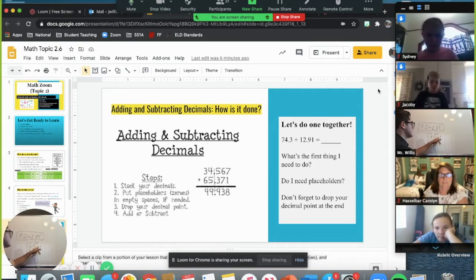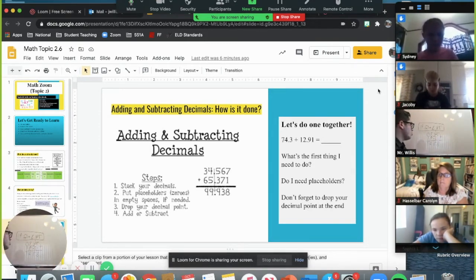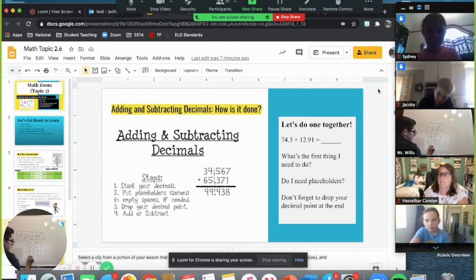Simple math. And then we have 7 plus 1 is 8. So I have 8, 7, 2, 1. Where does my decimal go, Sophia? It goes after the 2. After the 2 here?